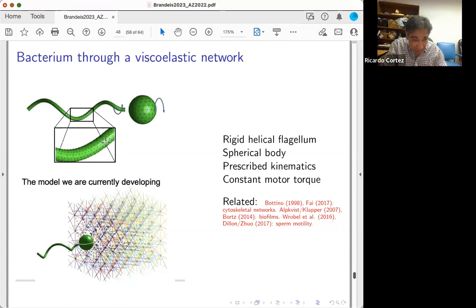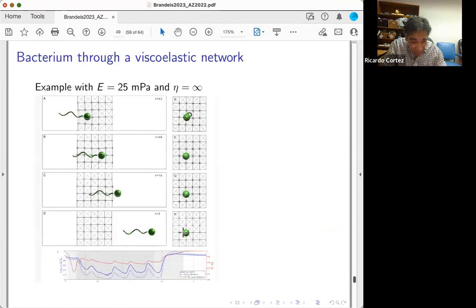They're all discretized, and it's going to make its way through some network of springs and these Maxwell elements. Depending on the parameters that we choose for the springs, this is the stiffness of the spring. This is a moderate stiffness. Eta equals infinity means that it's just a Hookean spring. So the organism makes its way through that.